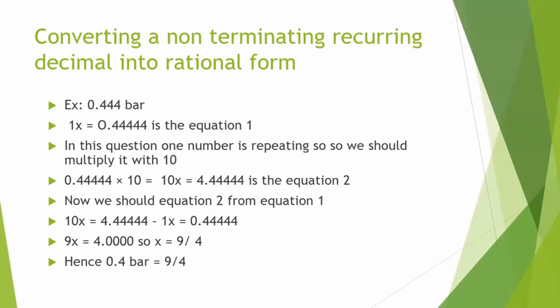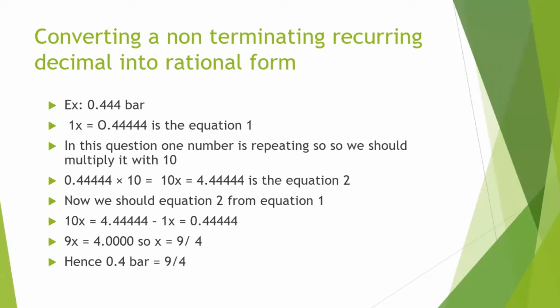Converting a non-terminating recurring decimal into a rational form. For example, 0.4 recurring is our example. x is equal to 0.4 recurring is equation 1. In this question, one number is repeating, so the periodicity is 1. So we should multiply it with 10. If the periodicity is 2, we have to multiply with 100.